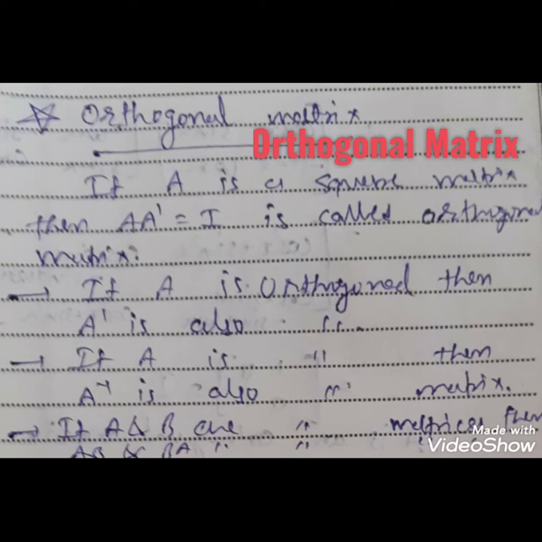And if A and B are two orthogonal matrices, then their products AB or BA will also be orthogonal matrices, which means if A and B are orthogonal matrices, then AB is an orthogonal matrix. Similarly, if A and B are orthogonal matrices, then BA is also an orthogonal matrix.